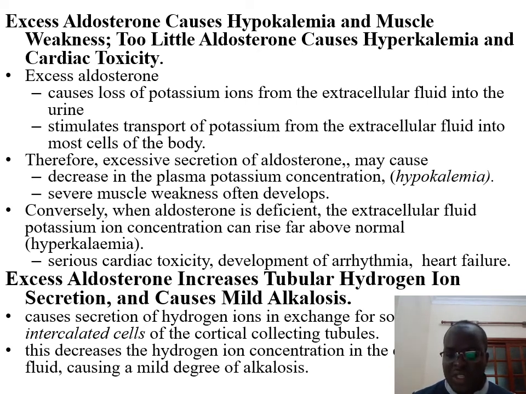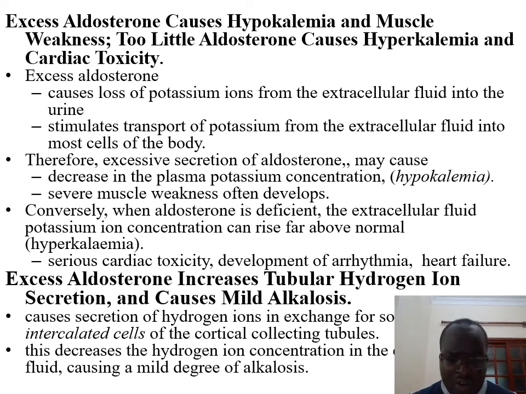So it means that you are also going to be secreting a lot of hydrogen ions. If the body is losing a lot of hydrogen ions, that can result in mild alkalosis. So the pH of the body increases because you are losing hydrogen ions. That can cause mild alkalosis.